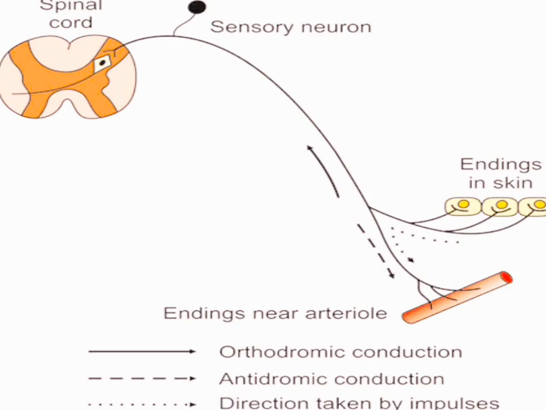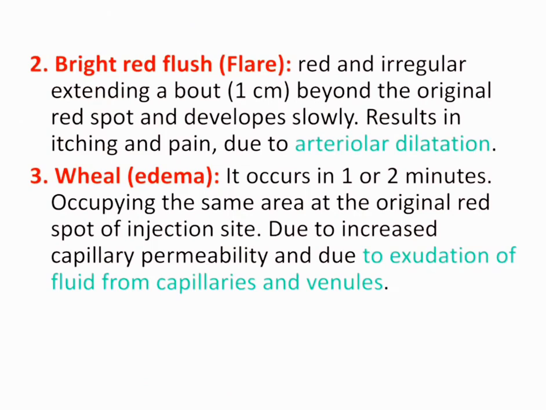The axon reflex is an example of antidromic conduction of the impulse. The endings of the sensory fibers on the blood vessels release substance P and CGRP that produce arteriolar dilatation. So now the redness out from the injury to the surrounding skin in the form of the flare occurs.